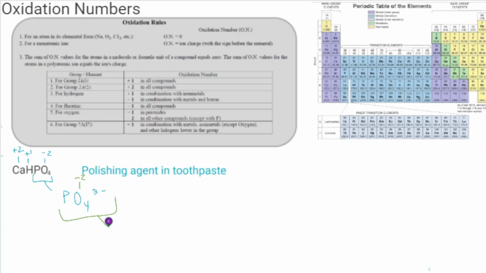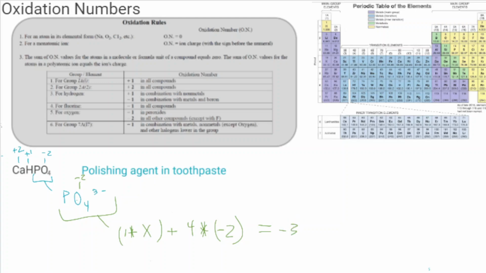So for phosphorus, we have 1 phosphorus. We're going to put in our variable of x because we don't know what the oxidation number is. Then we're going to add that to that of the oxygens. So we have 4 oxygens, multiplied by the oxidation number of -2. And this is going to be equal to our charge. The charge of our polyatomic ion is -3.